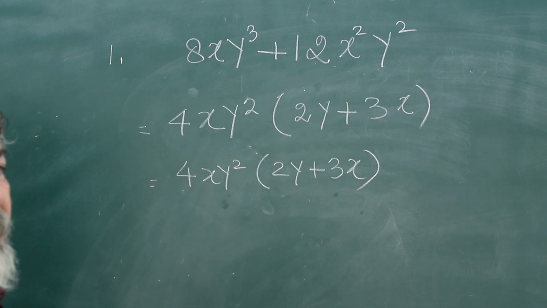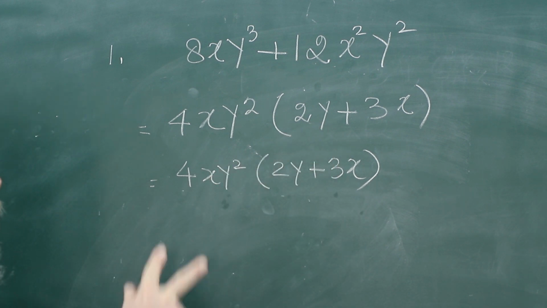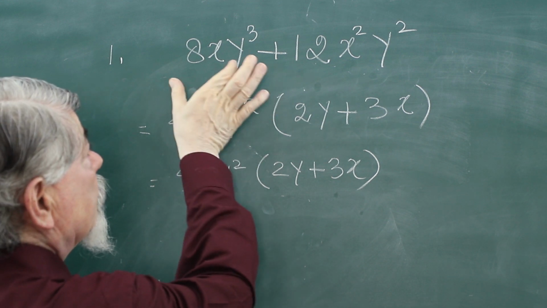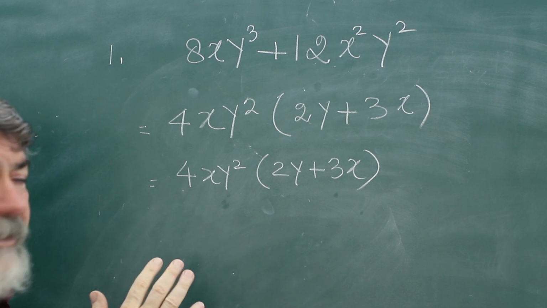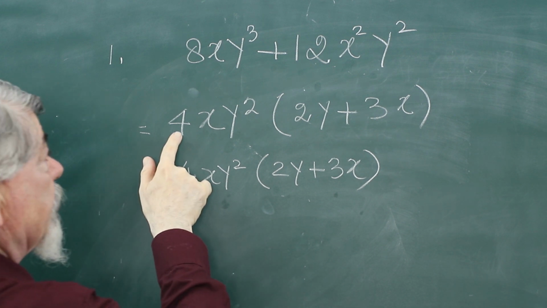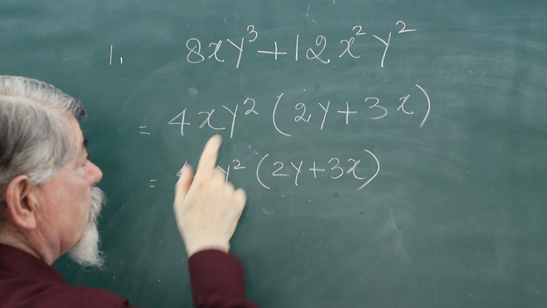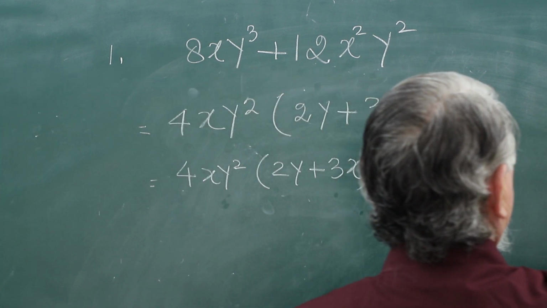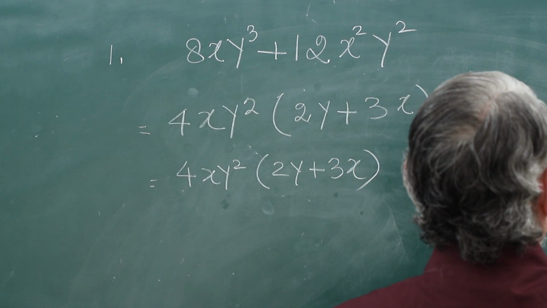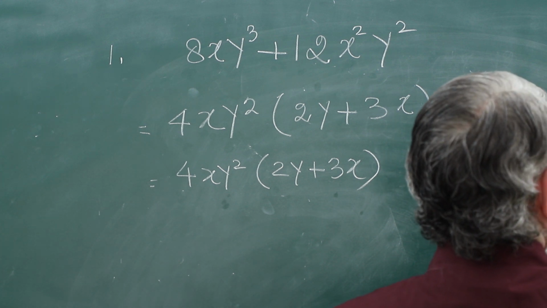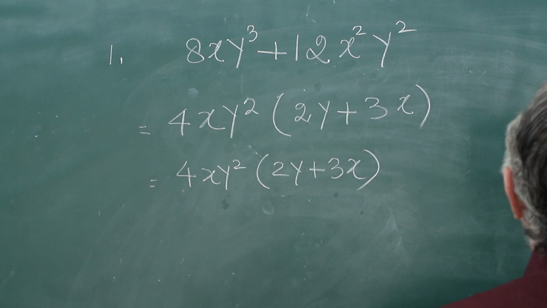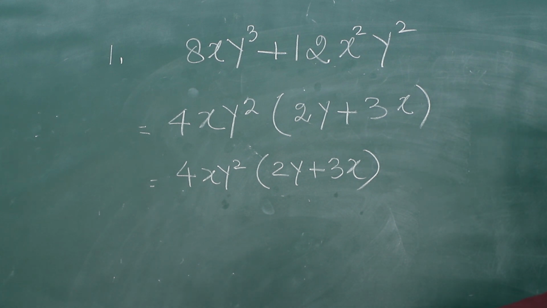If you have difficulty in understanding, then what we do is whatever you've taken out common, you divide every term by that common. For example, I've taken out 4xy square common, so what I can do is 8xy cube upon 4xy square plus 12x square y square upon 4xy square.